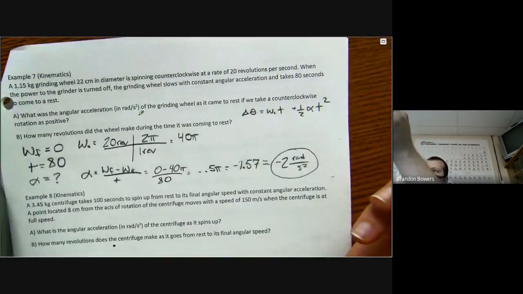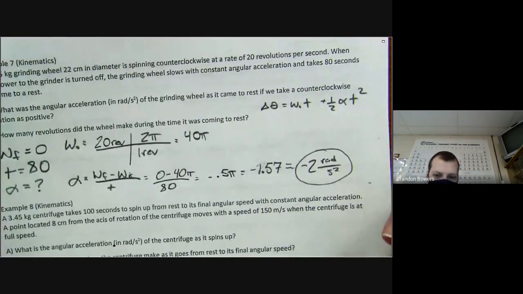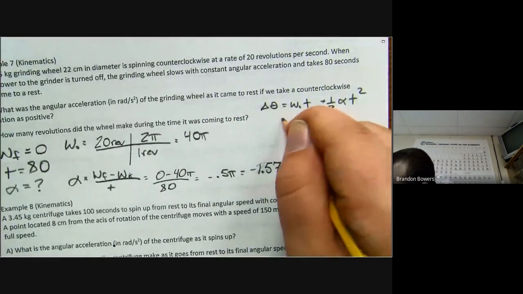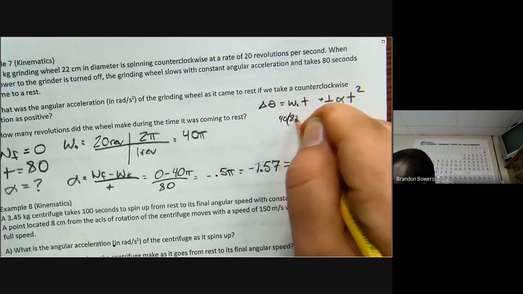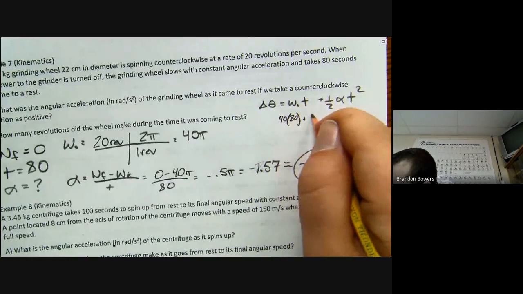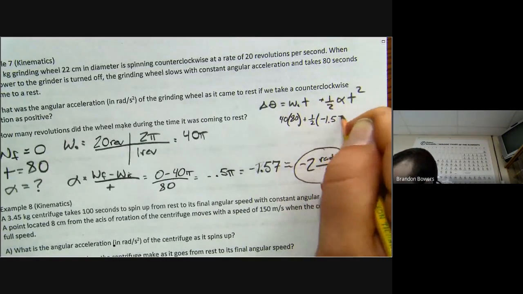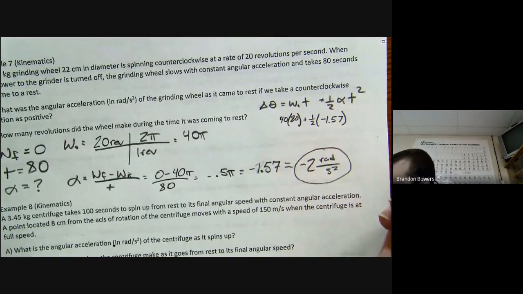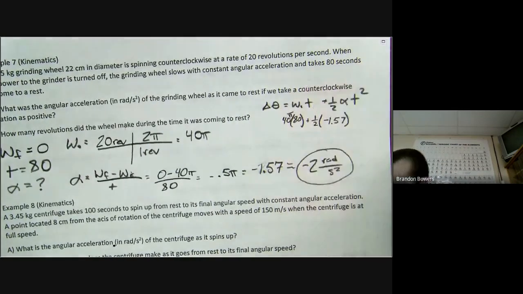Okay. All right, so omega initial was 40 pi. Time was 80, plus 1/2. Alpha was technically negative 1.57. My bad.